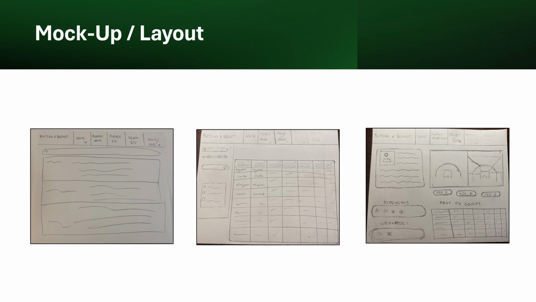Within that table, the player name and the team names will be hyperlinked. Each hyperlink will take you to that individual player or that individual team's identity page, and there will be wording along the top to guide the user.